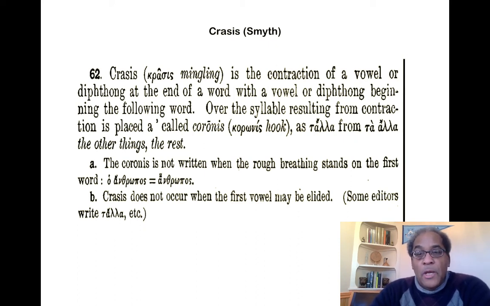And B, crasis does not occur when the first vowel may be elided. Some writers write tal' alla, etc. These are very fine points, but the notion of crasis is an important one. So just watch out for what looks like a smooth breathing that is actually over a syllable that begins with a consonant.